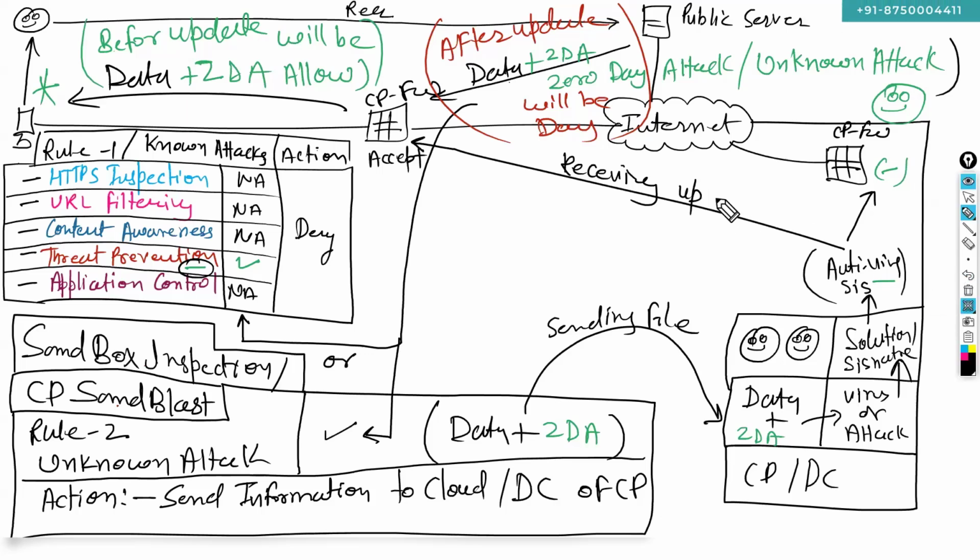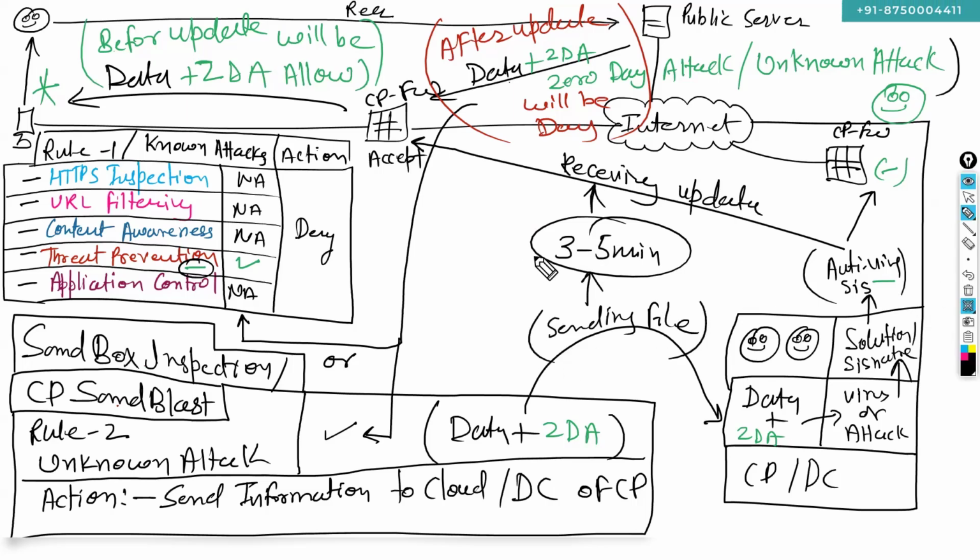What is the time window here? The vendors say when you send the file, you will get the update within 3 to 5 minutes. If you send a file to us, within 3 to 5 minutes you will receive the update.